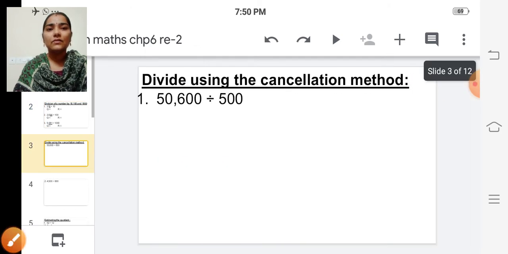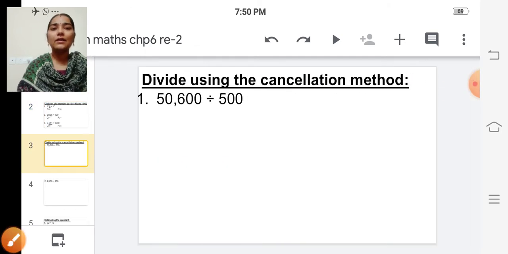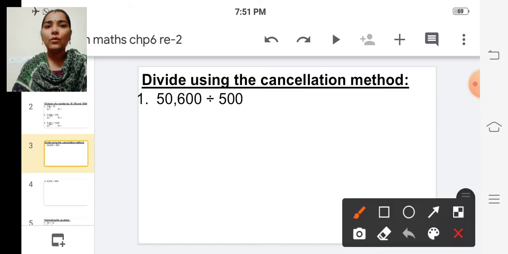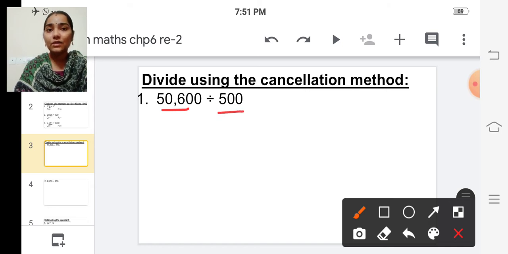Yes. The next one, divide using the cancellation method. So, if both dividend and divisor end with zeros, then we can cancel the common number of zeros.